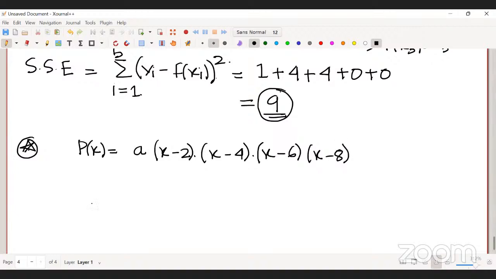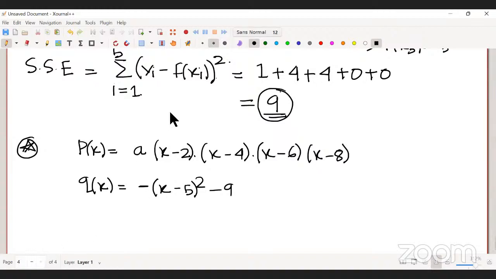Q of x is minus x minus 5 the whole square minus 9. Then we have to find the x coordinate of the vertex of Q of x and the y coordinate of the vertex of Q of x. That is minus 18.